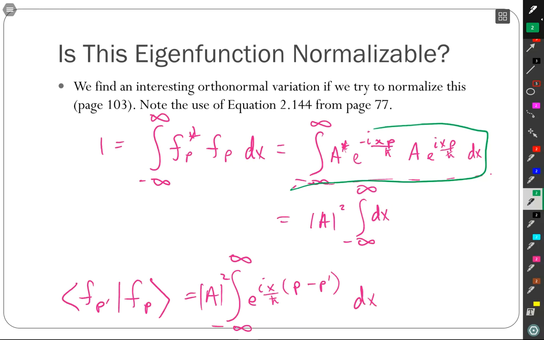I looked at it before class. So page 77 of the textbook says, and you look at equation 2.144, it gives us a definition for the delta function.